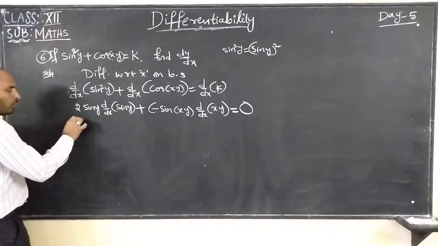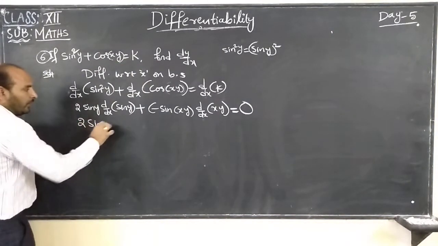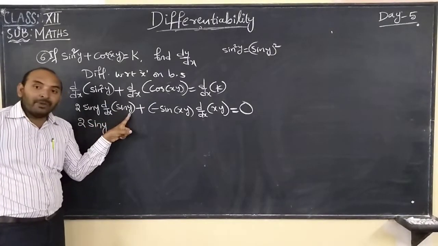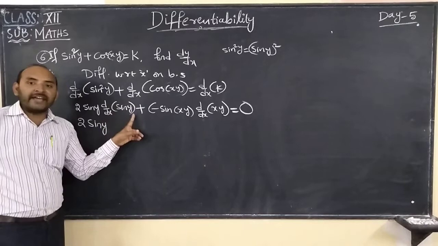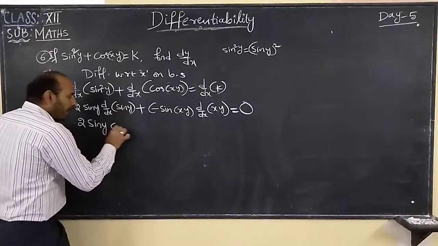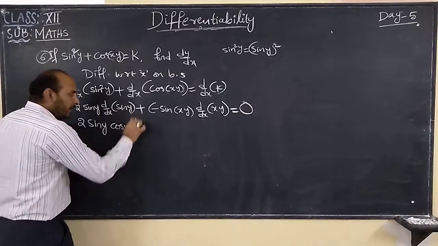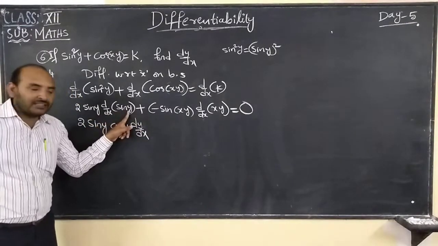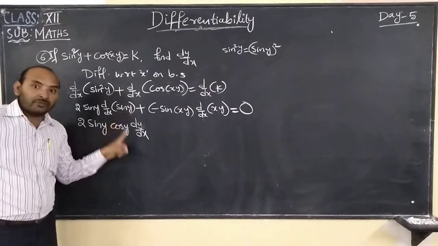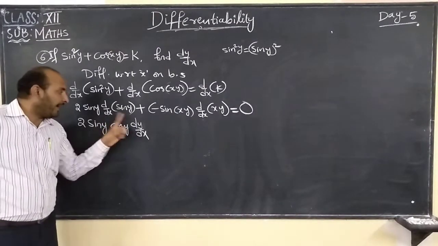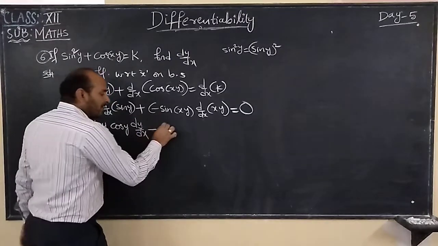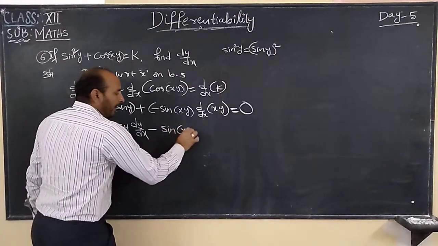So now 2 sin y, with respect to x, this is not sin x, the variable is y. Derivative of sin y is cos y, and inner function dy by dx. If it is just x, you can write cos x directly, but the variable is y.